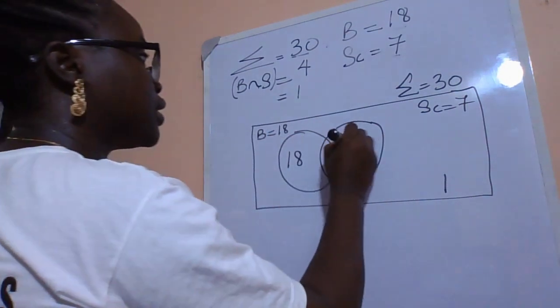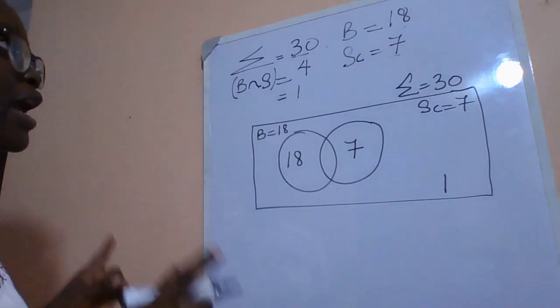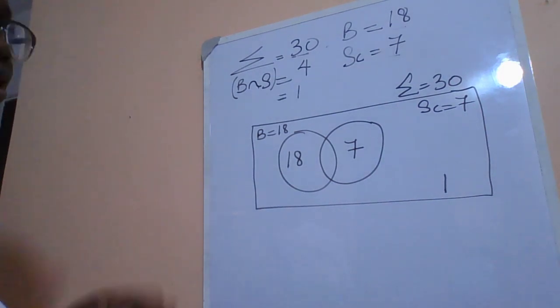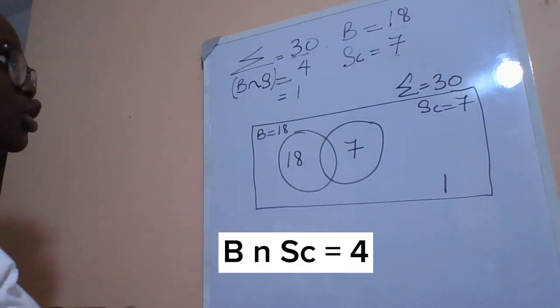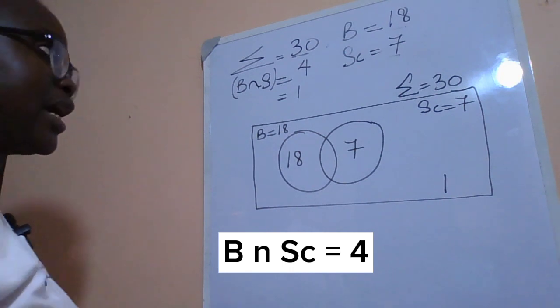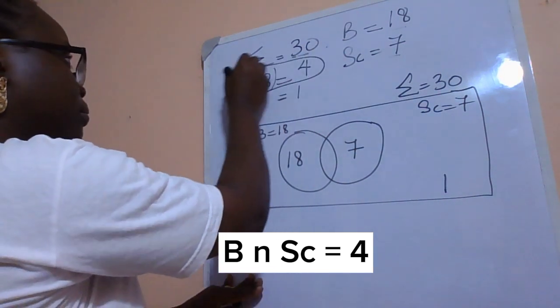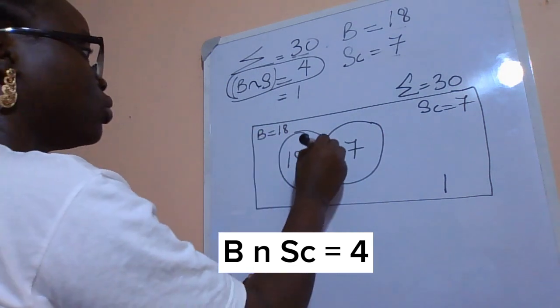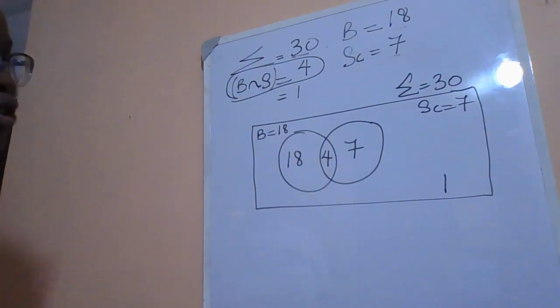Science, 7 students took science. Then 4 students took both science and biology, or biology intersection science, as shown here. Biology intersection science equals 4. So you can see we've been able to represent the information on a Venn diagram.